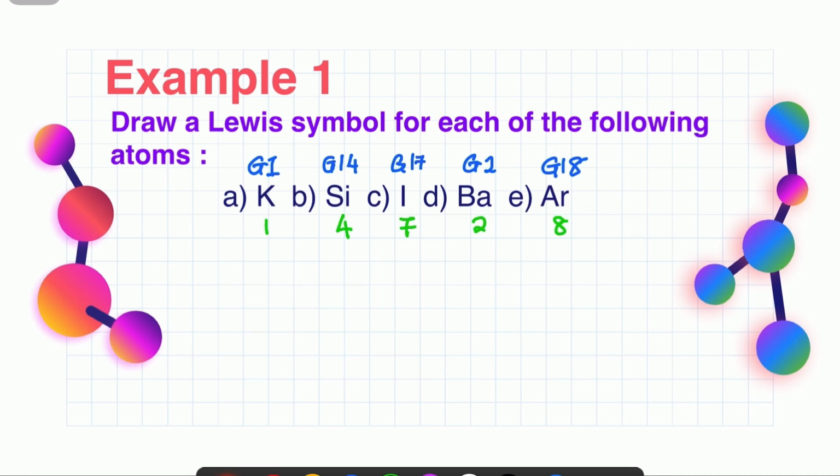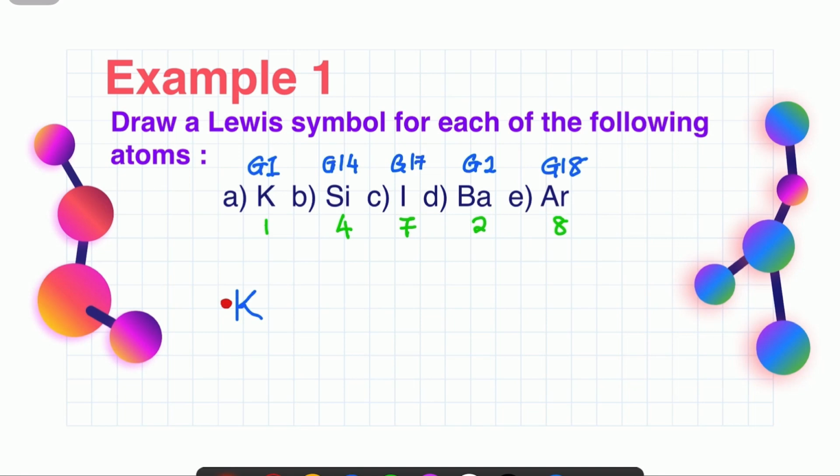To draw the Lewis dot symbol for these elements, for example potassium, the symbol of potassium, because it has 1 valence electron, has 1 dot. You can put this dot at any side.